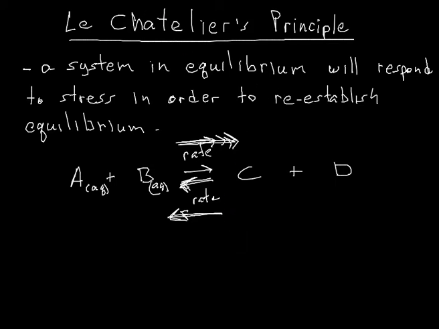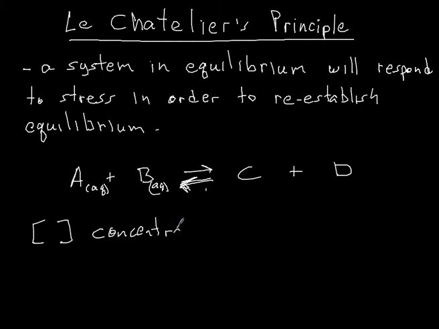And so in working with Le Chatelier's principle and equilibriums, we have to look at how the stressor is going to influence the system. One of those stressors is concentration. The concentration is going to change the rate of the forward or reverse reaction and therefore cause a stress, and the system's going to rebalance itself.